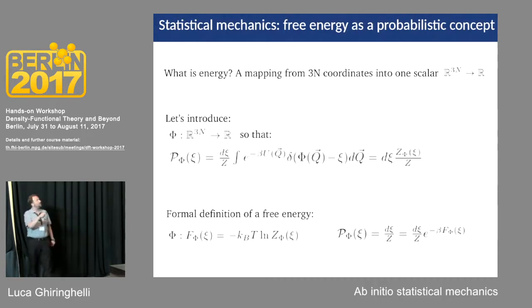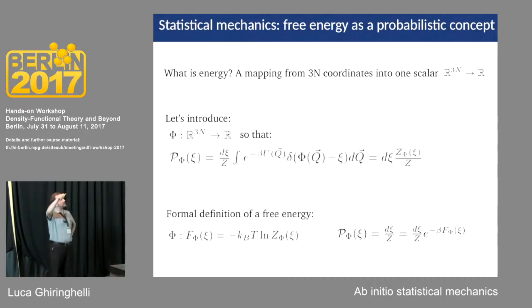You can define the probability that the system has a certain value, zeta, of this function here, and this is given by this integral. They always look the same. You have the Boltzmann factor. You have to impose that the system is at this value, so you have the Dirac delta, integrate over all configurations that are compatible with this value of the variable, and you have the normalization.